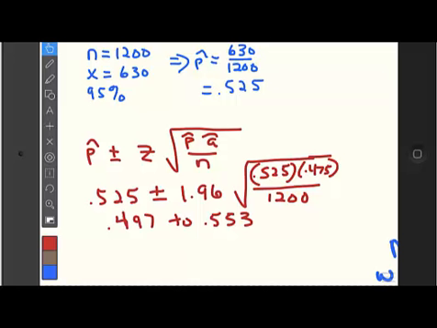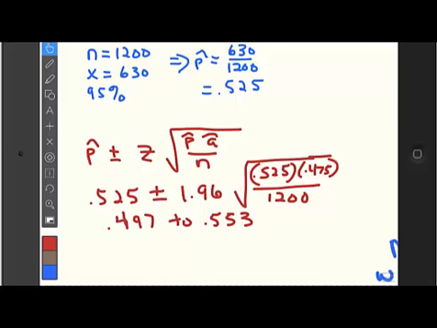And since that interval includes 0.5 and numbers below that, this would be referred to as a statistical dead heat, that either candidate could win. That candidate A, we expect to get somewhere from slightly below 0.5, or 0.497, up to 0.553, or 55.3% of the vote.